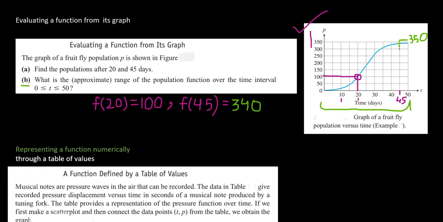So you can see that at this point at 50, it is really close to the 350 value, but it is not crossing it.